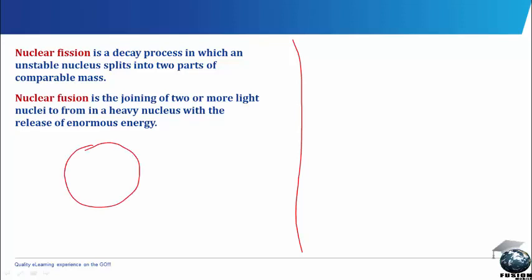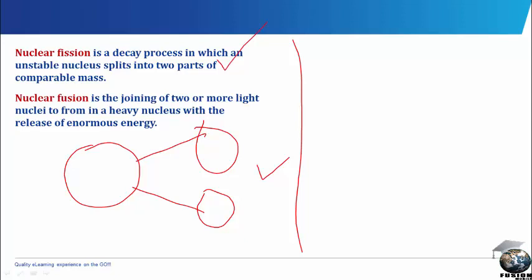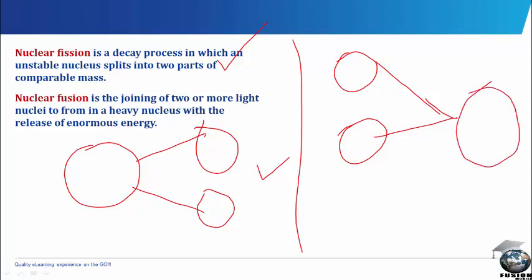Fission: you have one big element and it splits into two of comparable masses, while for nuclear fusion, you have two light nuclei and they come together to form one large nucleus. This one is coming together to form this. This one is for fusion.